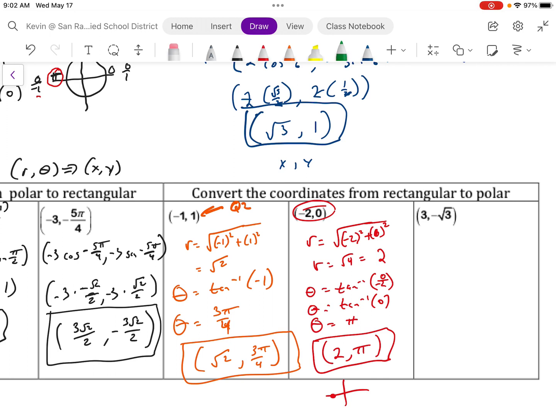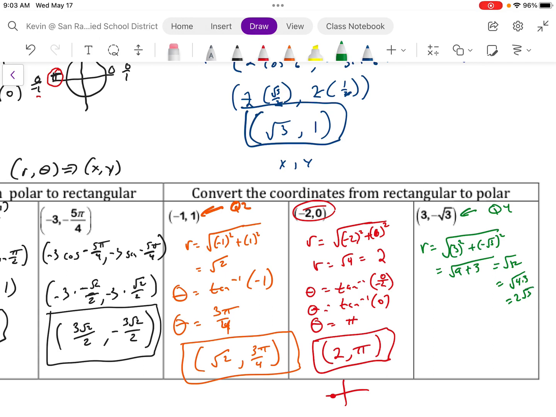Okay, for the last one, I first want to make note that this is going to be in Q4, so our directed angle should be down in Q4. First we do our r: 3 squared plus negative square root of 3 squared, 9 plus 3, the square root of 12 equals 4 times 3 equals 2 root 3.